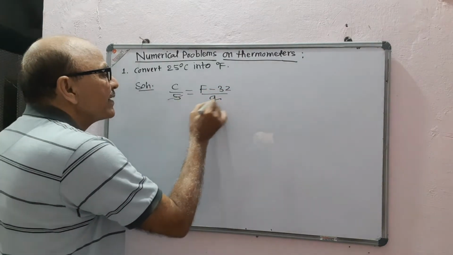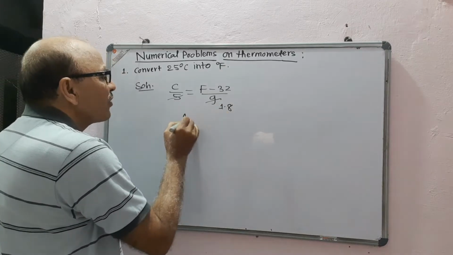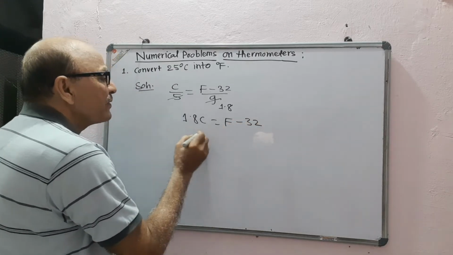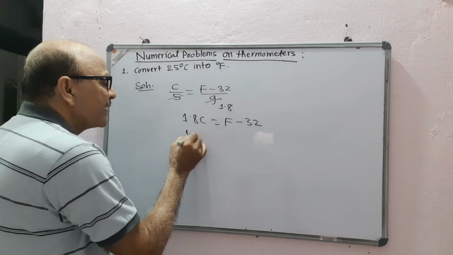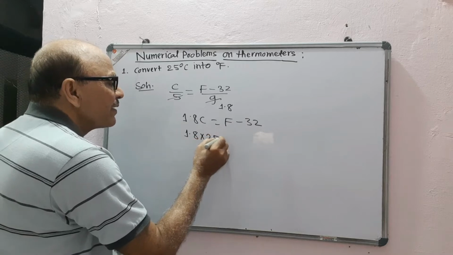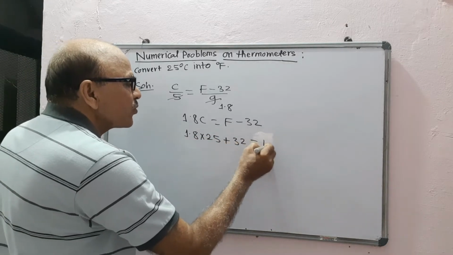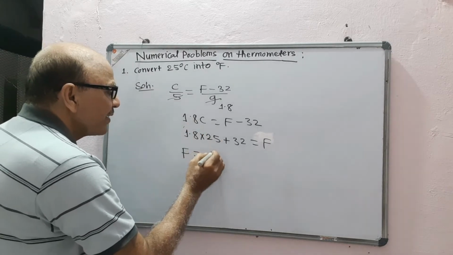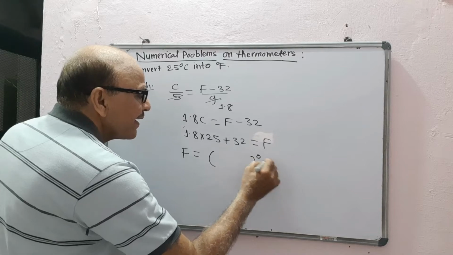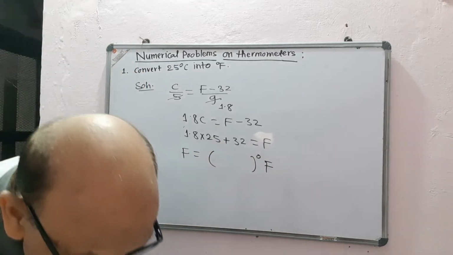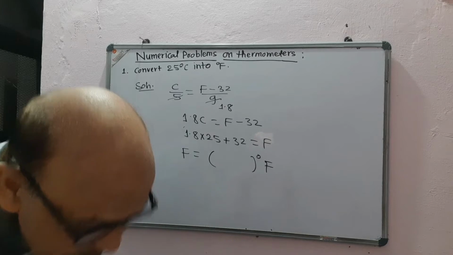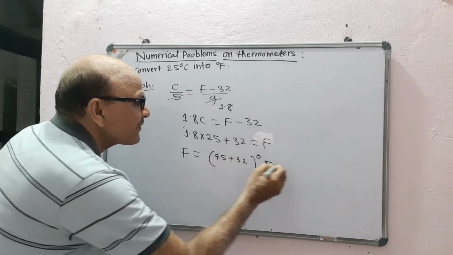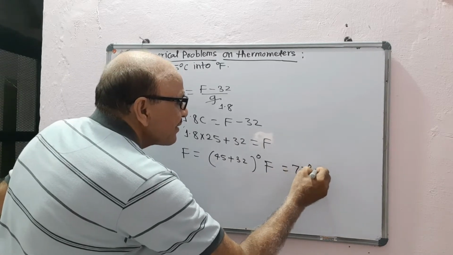If you divide here, 1.8C is equal to F minus 32. Therefore, 1.8 into 25 plus 32 will be equal to F. After calculating, you get 45 plus 32, which means 77 Fahrenheit.